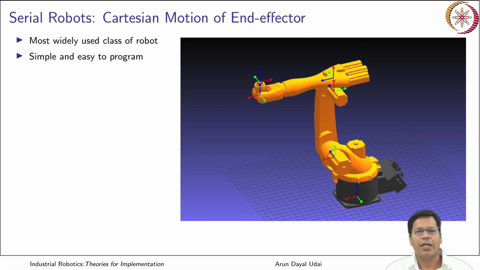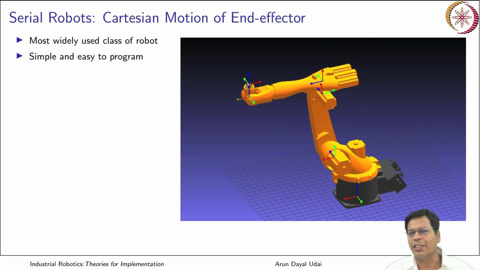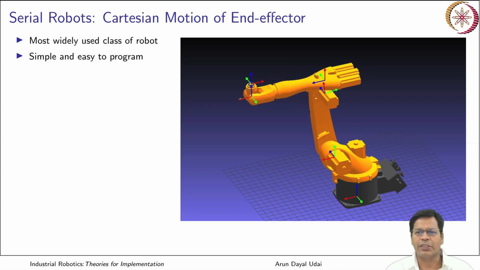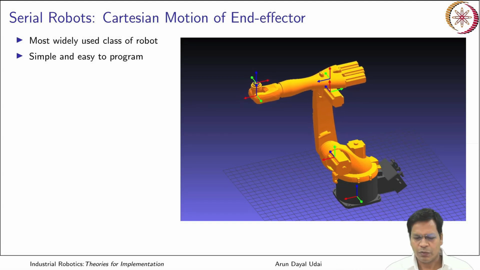You have seen in the anatomy class also that there is something known as a teach pendant. With the teach pendant you can directly jog them in Cartesian space along x, along y, along z, and you can clearly visualize its motion. You can estimate the motion. You can teach this robot quite easily, taking it to various places in the workspace.